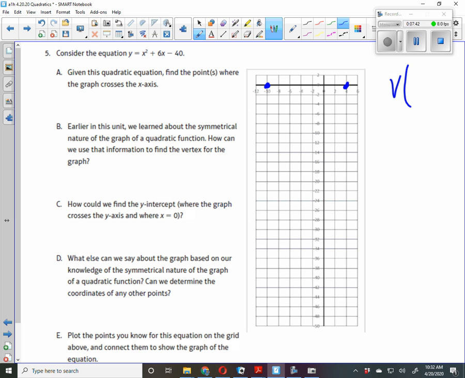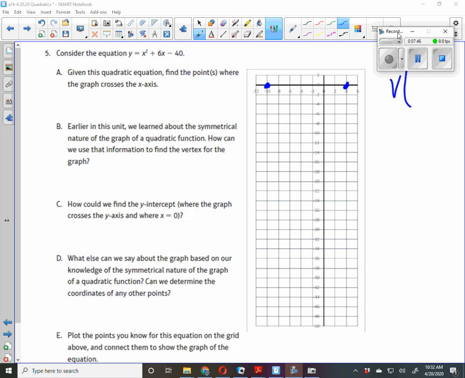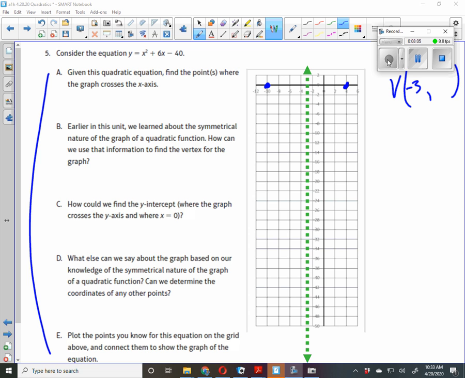So I know I have a vertex, or I should say my axis of symmetry, right there at -3. That probably should be a little thinner, but that's okay. -3, comma, something. So these questions over here are just leading you through what I'm going to take you through.